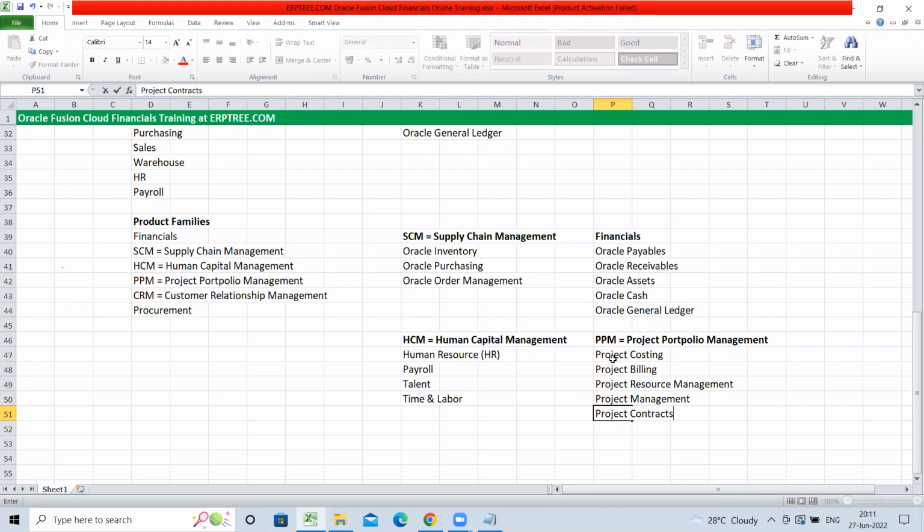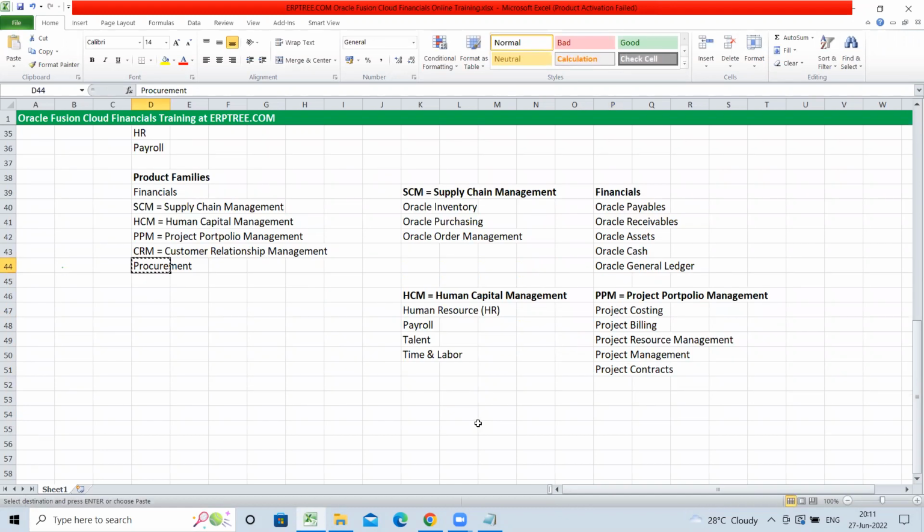This is the set of applications grouped under PPM. The same way, within procurement, we again have some set of applications. We will come to know whatever we have to understand during this course.